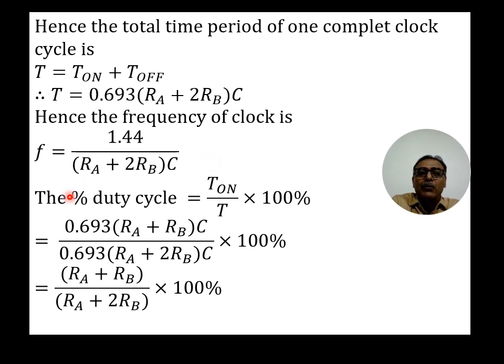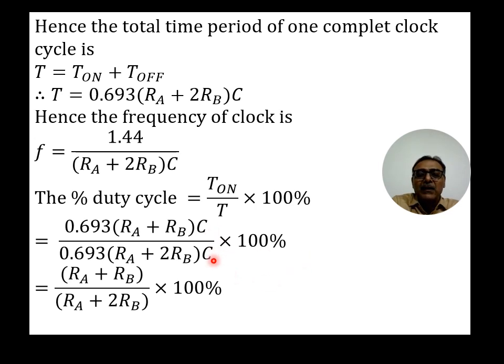Now we can calculate the percentage duty cycle as on time upon periodic time multiplied by 100%. So if we put these values, we get the duty cycle as 0.693 (Ra plus Rb) into C divided by 0.693 (Ra plus 2 Rb) into C into 100%.